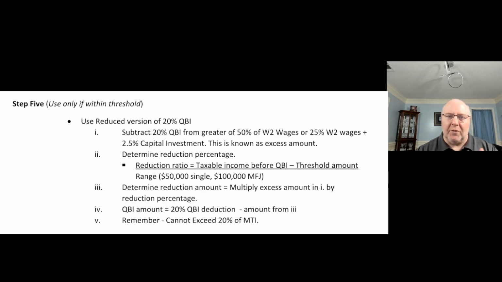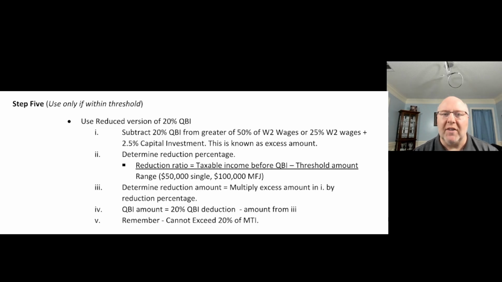In the example, it was $50,000. We multiply $50,000 by our reduction ratio, and that tells us how much we reduce it by for purposes of our QBI deduction. So our QBI amount equals 20% of QBI minus the amount we reduced, and then we're limited to 20% of modified taxable income.